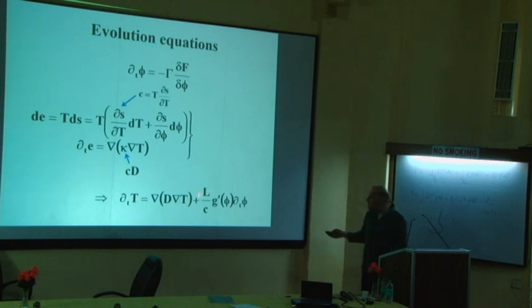So this is nothing but the release of latent heat when the phase changes. Okay? So it's diffusion plus latent heat generation, very intuitive. The reason why I've gone through this whole stuff is to tell you that this equation can be completely rigorously derived from thermodynamics. There's no hole in there. Right?